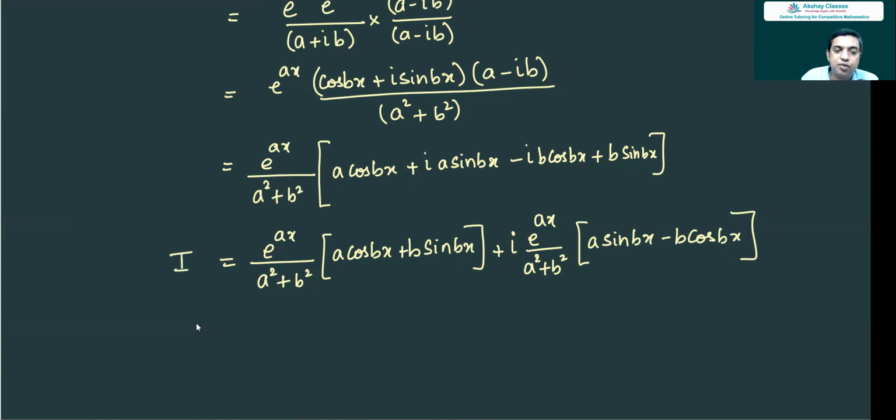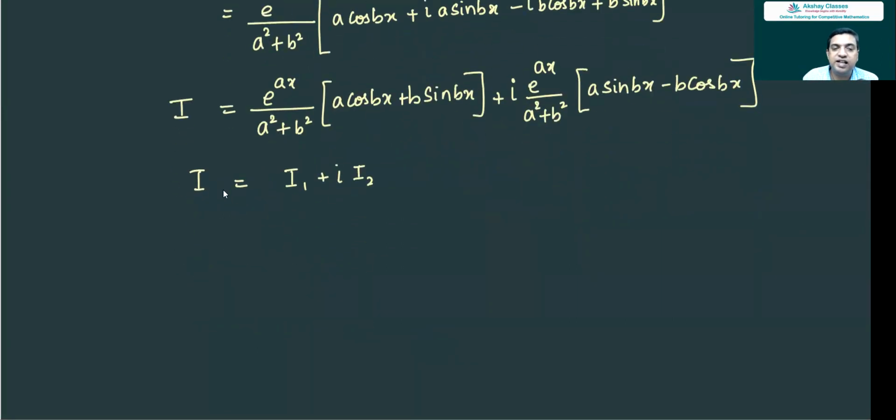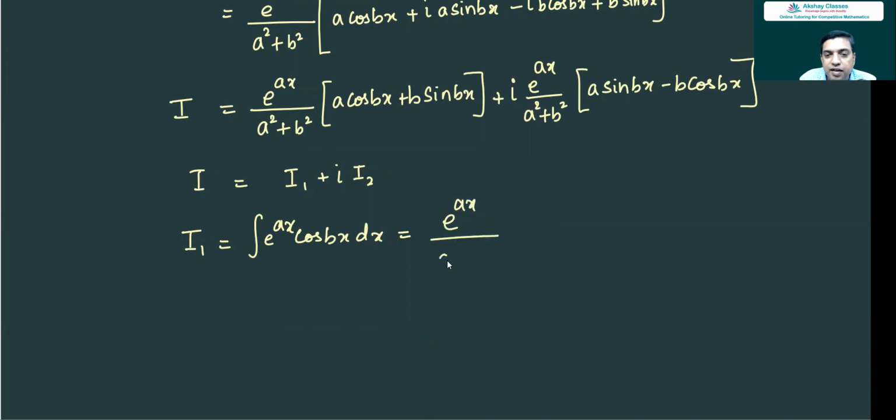That is I. So I we know is I1 plus i times I2. So we get I1, which is integral e power ax cos bx dx, the original integral, equal to e power ax by a square plus b square times a cos bx plus b sin bx.